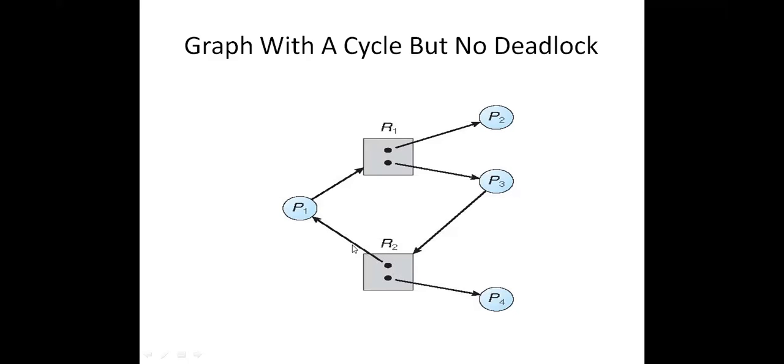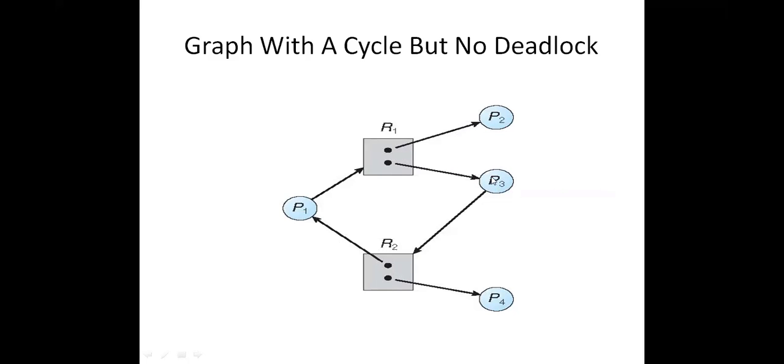So P1 need not wait only for P3, and P3 need not wait only for P1. Why? Because R1 might be released. P3 is a waiting process and P1 is also a waiting process. So P1 is waiting for which resource? R1. R1 was allocated to P3 as well as P2.